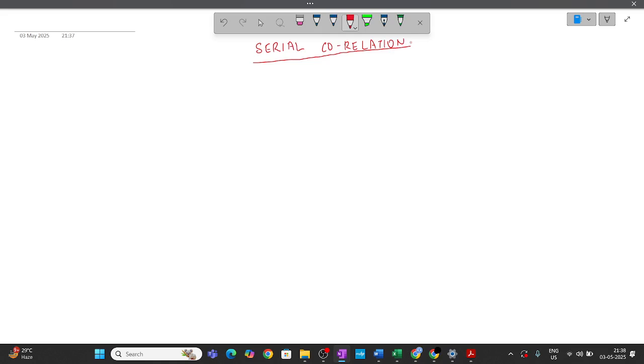Okay, so serial correlation, also known as autocorrelation. It means that the error terms are related. In other words, errors today can predict errors tomorrow.